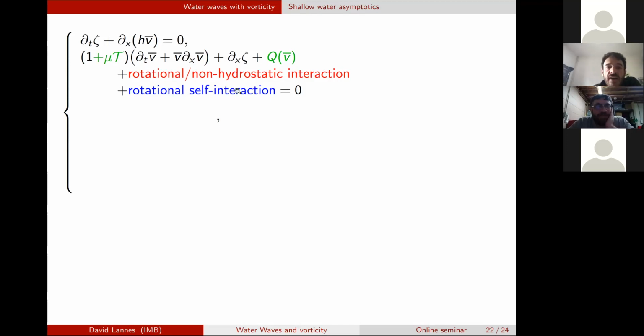And you would also have a quadratic non-hydrostatic term, but as we have seen in the irrotational framework, this term is of size mu square, so you can drop it, because I remind you that the Green-Naghdi equations are at precision mu square. So all the terms of order mu square, you drop them. But a priori, you have these two terms.